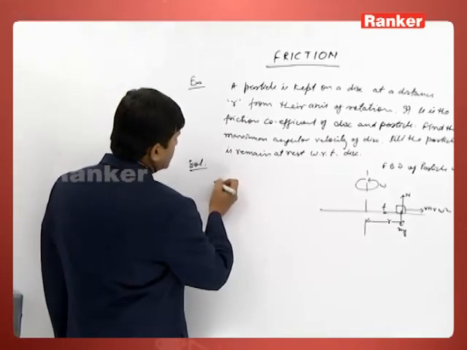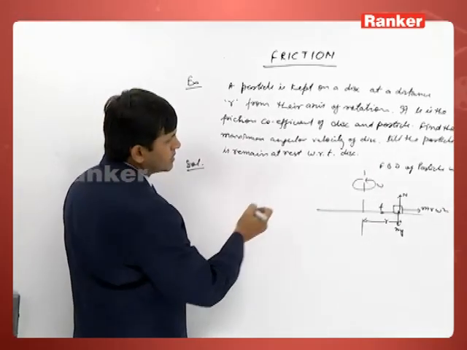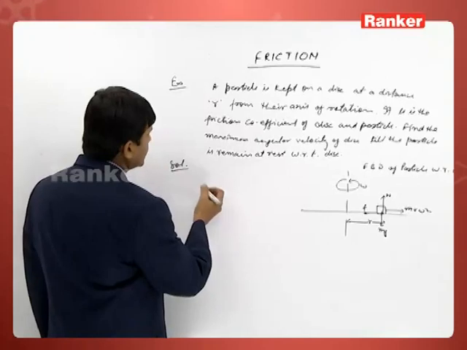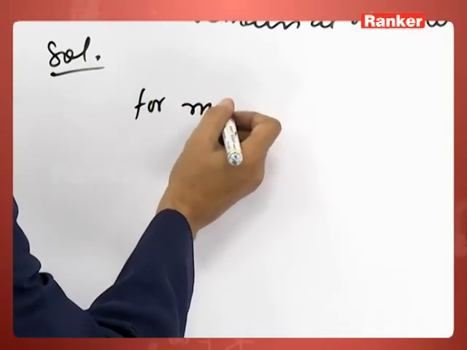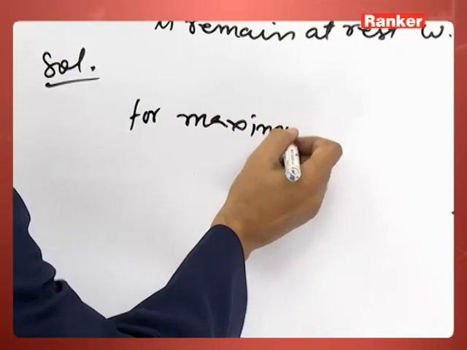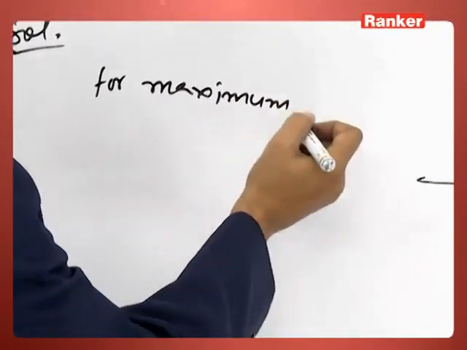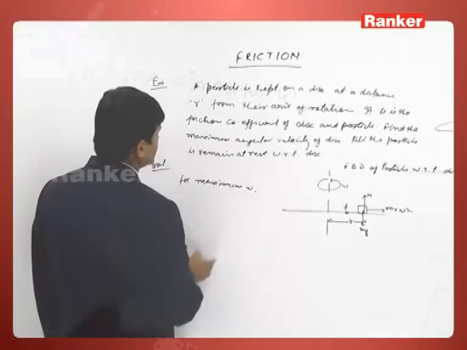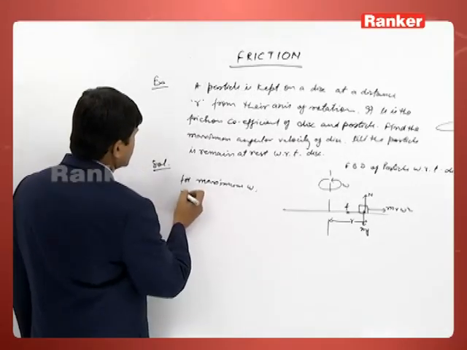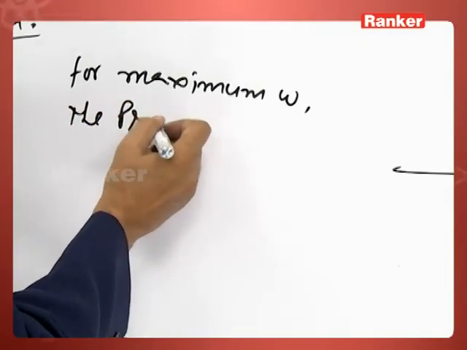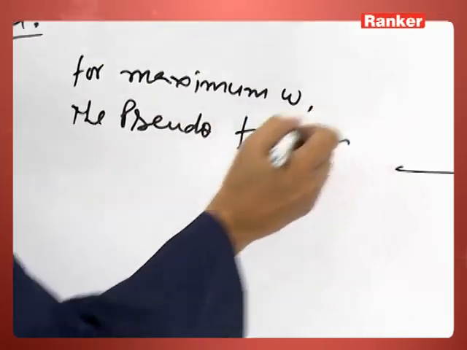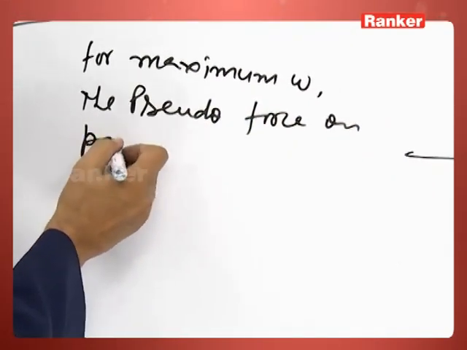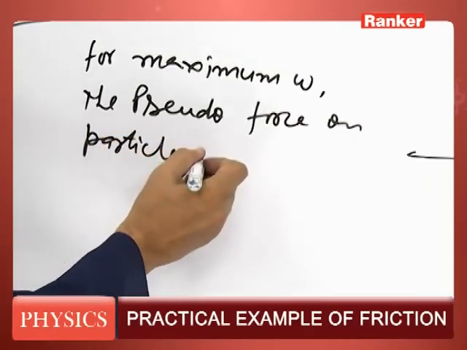So the critical condition for the particle to remain at rest, or for maximum omega, is that the pseudo force on the particle must be equal to F maximum.